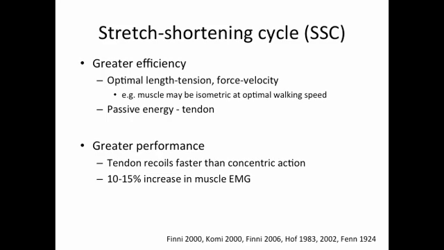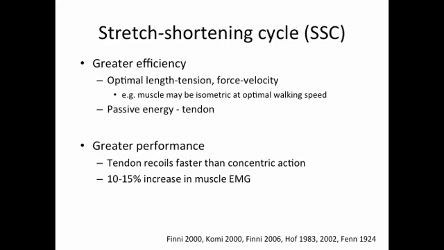There is greater efficiency, and that's mainly because, as I've already alluded to, the muscle in a lot of times when it's optimized in terms of the efficiency of human movement, the muscle can be isometric. So Hof back in '83 did some experiments showing that if you're looking at people walking, their calf muscle can be close to isometric, and that allows obviously a really good optimal length tension.